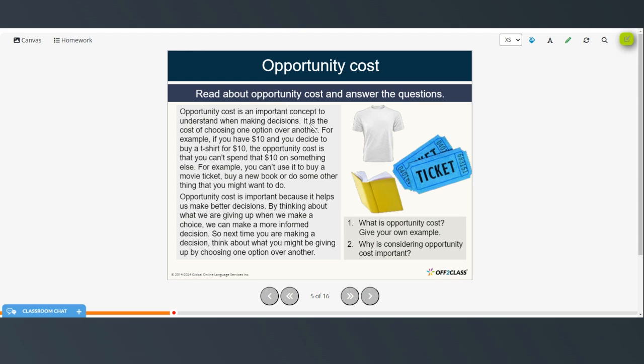Well, it's the cost of choosing one option over another. And see if you can think about some examples of opportunity costs in your own life. And why is considering opportunity costs important? It's important because it helps us make better decisions.